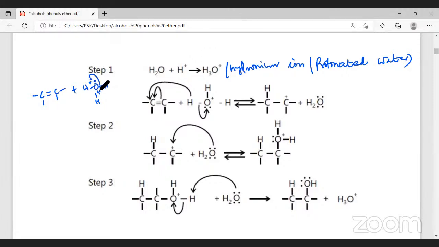A bond requires 2 electrons, so 2 electrons move on oxygen. This hydrogen attacks the carbon, the pi bond breaks, and the pi electrons move on this carbon.